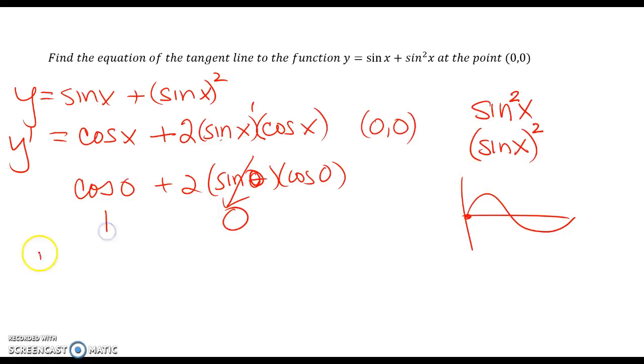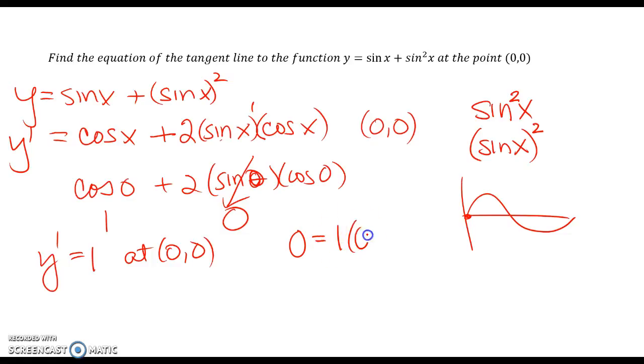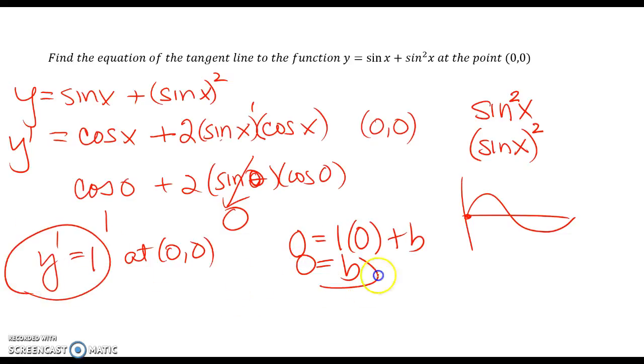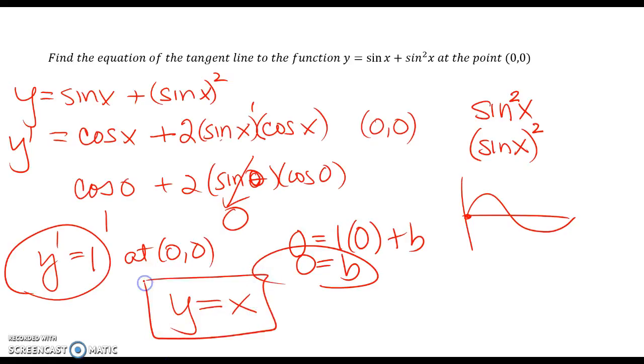Cosine of 0 is 1. So y prime equals 1 at this point, doesn't it? So now, y equals mx plus b. b equals 0. Therefore, we got a slope and we got a b. y equals 1x. That's that equation.